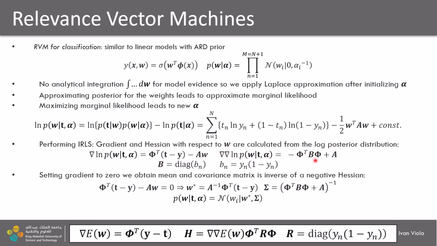So we have the design matrix transpose B design matrix plus A. If we look back into the linear models for classification, we will see that the gradient of the error with respect to the weights is formulated in nearly the same form, except that in this particular formulation in the book, the t is first and y is second, which has certain consequences on the sign.